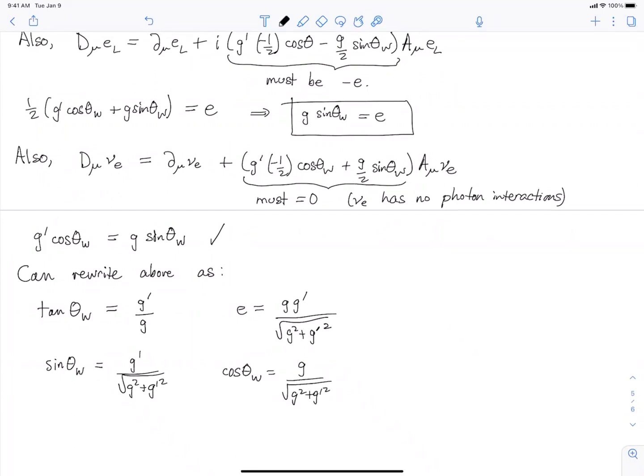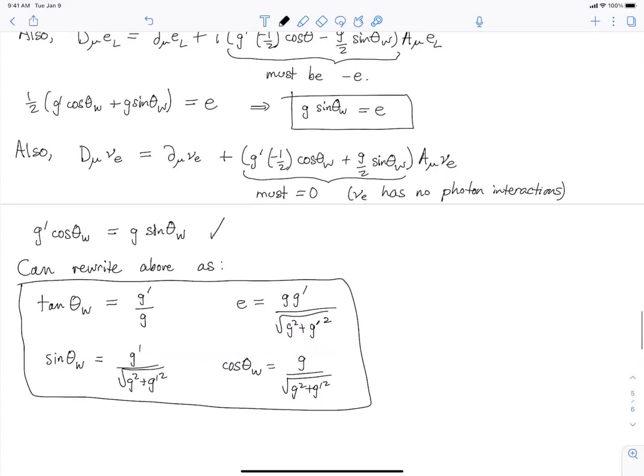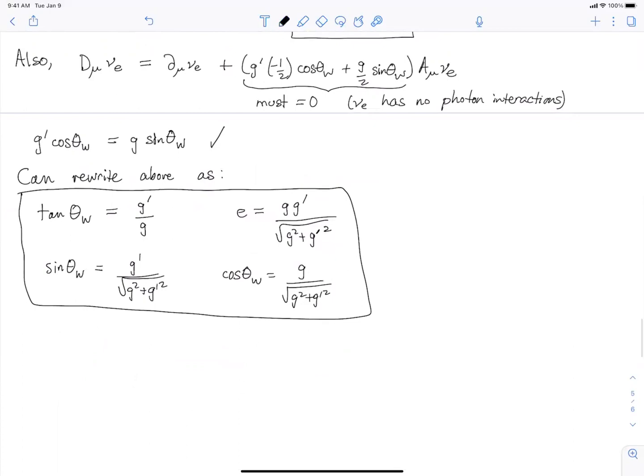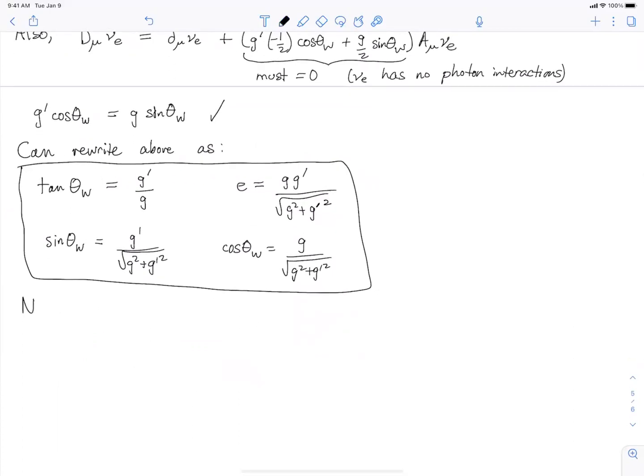So in other words, if you pick your standard model couplings G and G prime, that determines the weak mixing angle, and it determines the QED coupling. Right, so there are these relations. So you can now appeal to experiment to figure out what they have to be. Here are the numerical values of these various things.